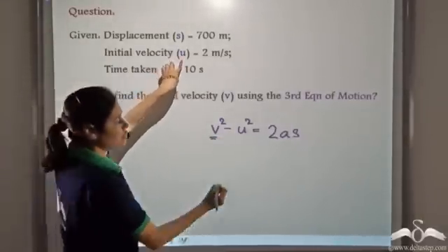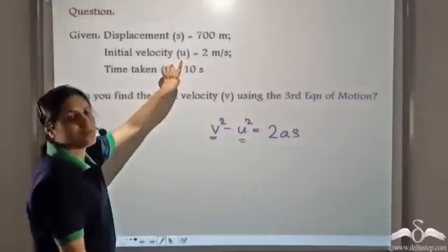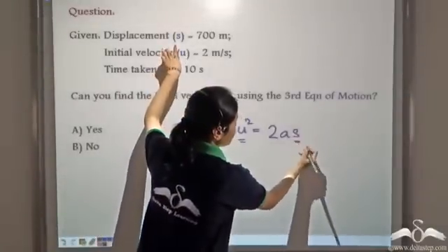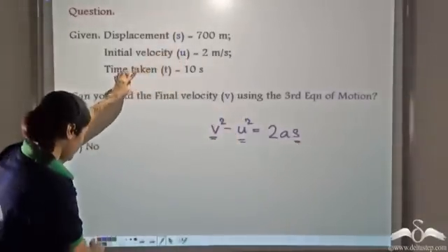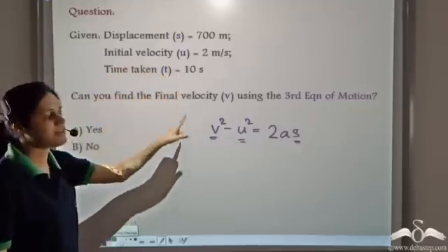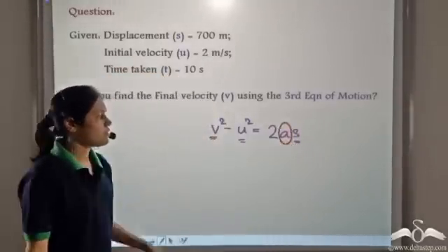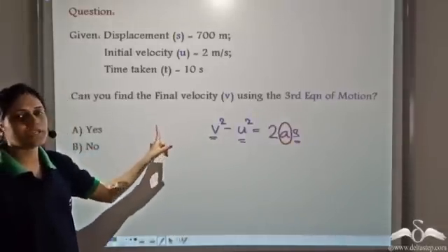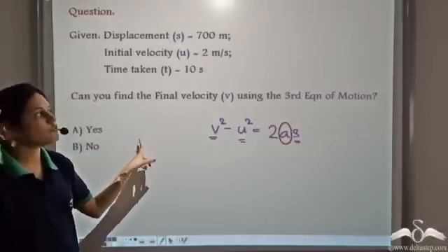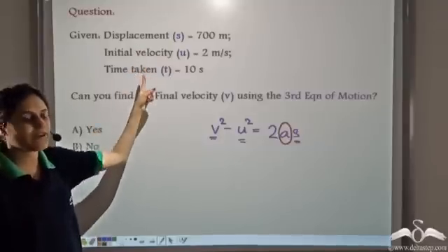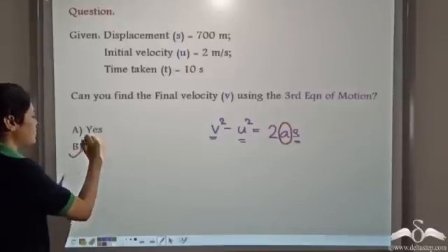We know the value of u. We know the value of s. But we do not have the value of acceleration. So we cannot use the third equation of motion to find the value of final velocity when we are given these values. So the correct answer is no.